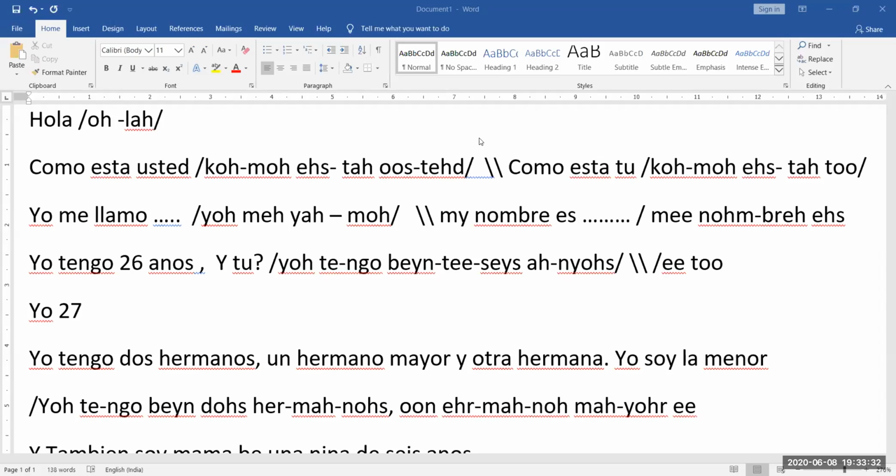But as I was mentioning earlier, there's a lot of H sounds in Spanish. So this hola also has an H sound in it, which is normally not that audible most of the times.